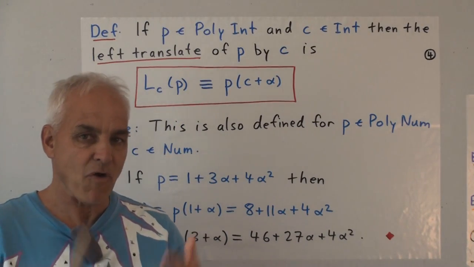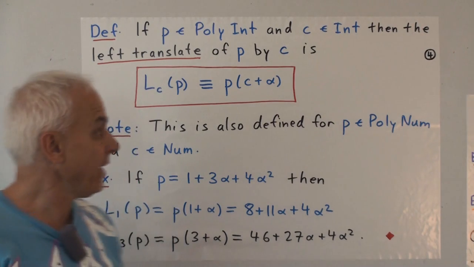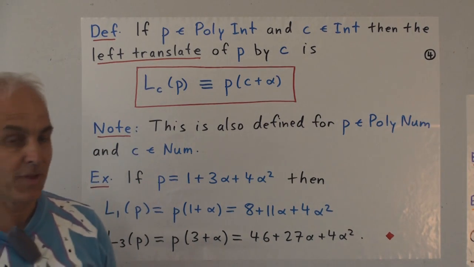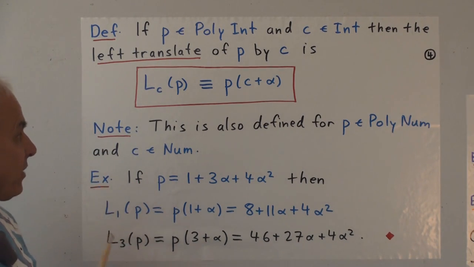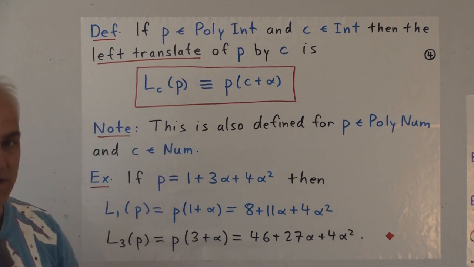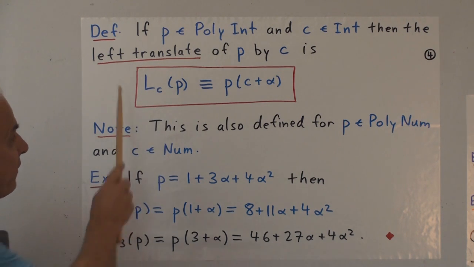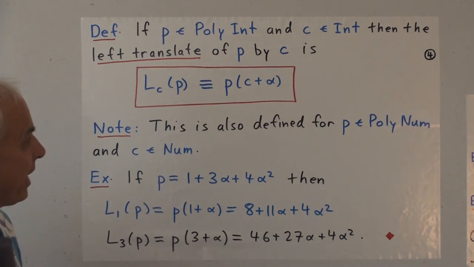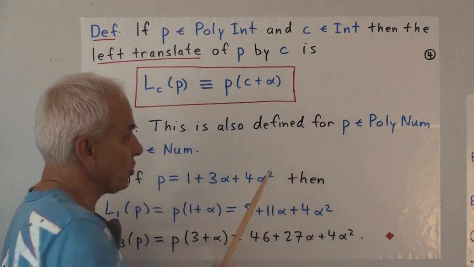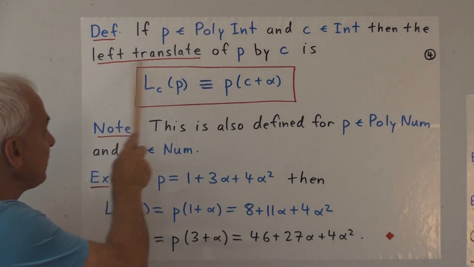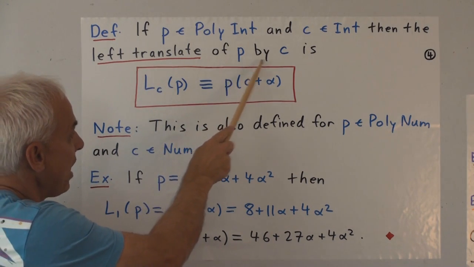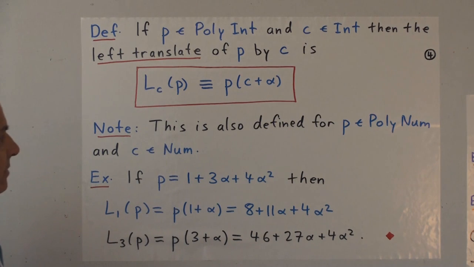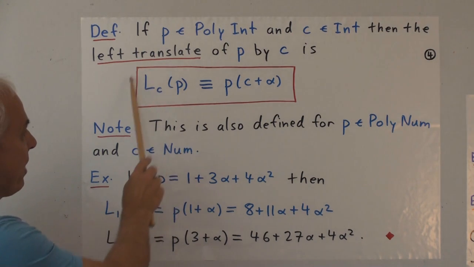Well, we like to have sort of official definitions for things and also some notation too. So this is an important enough idea that we're going to introduce some special notation for it. So our official definition is that if p is an integral polynumber and c is an integer, then the left translate of p by c is denoted by this.